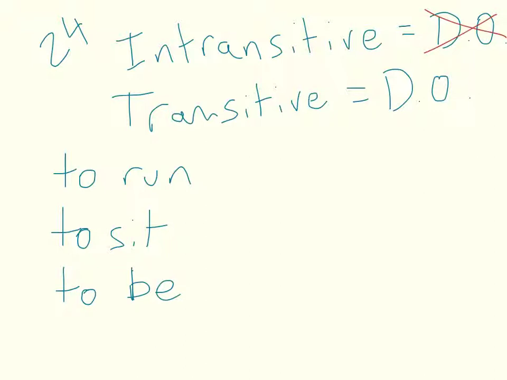And another way, besides the fact that they don't take direct objects, that you can tell if they're intransitive is they don't turn into passive voice very easily. So you can't be run, you can't be sat, and you can't have been. So that's what an intransitive verb is.